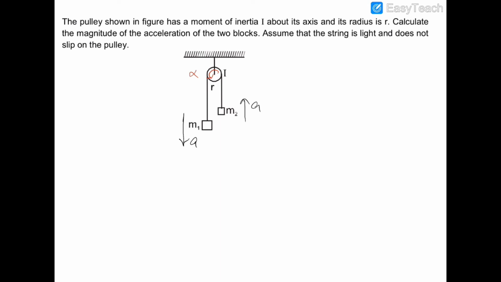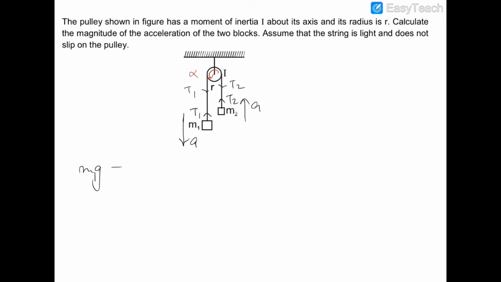So the equation would be: m1g minus the tension, which is T1 in this string and T2 in this string. You have to note a very important thing, that when this pulley is rotating, the tension on both sides of the rope is different, because this pulley is rotating due to the fact that this string is applying some friction on this pulley, and therefore the tension on both sides would be different because there is some friction present between these two sides.